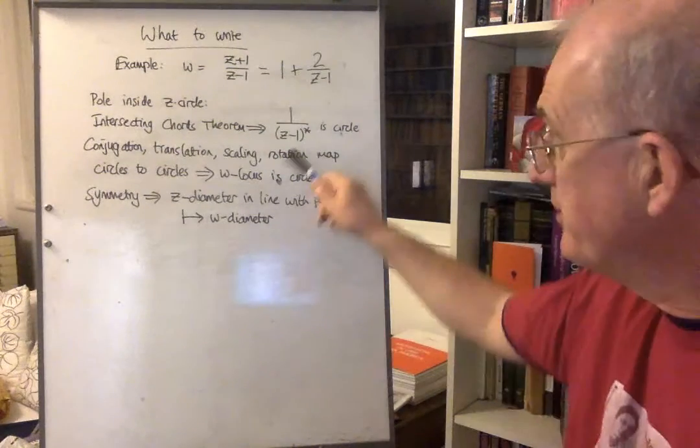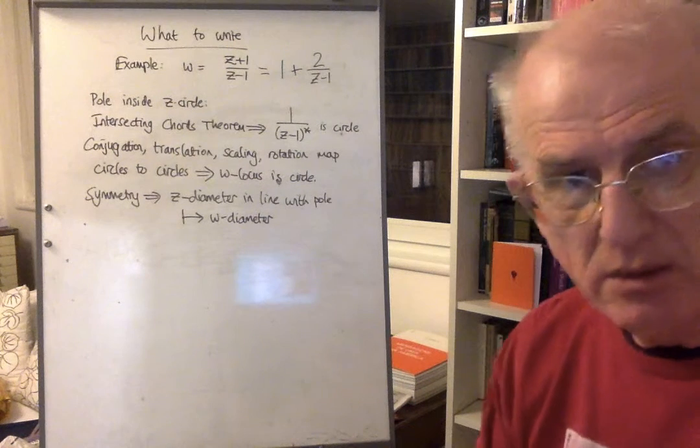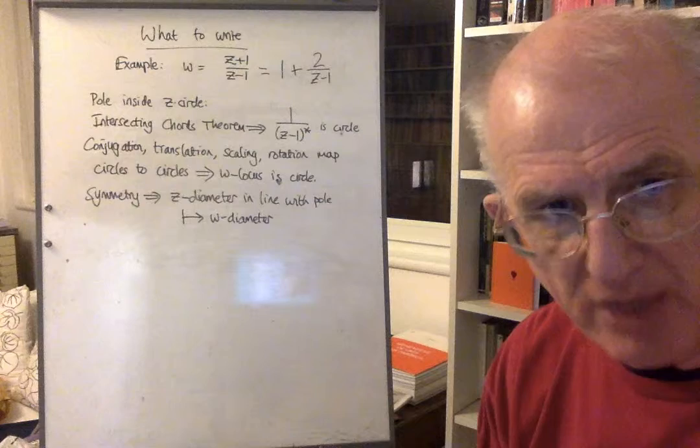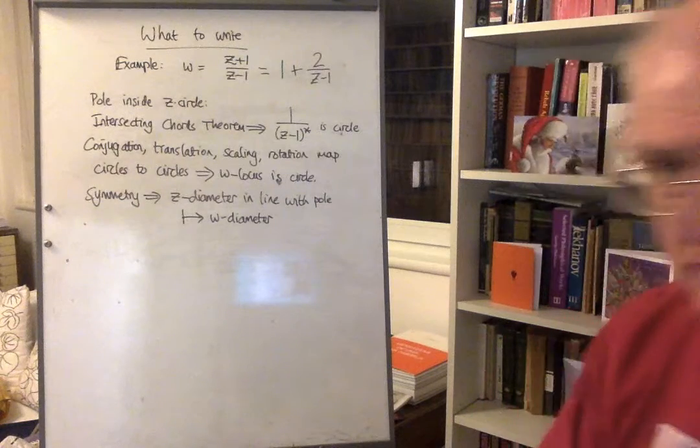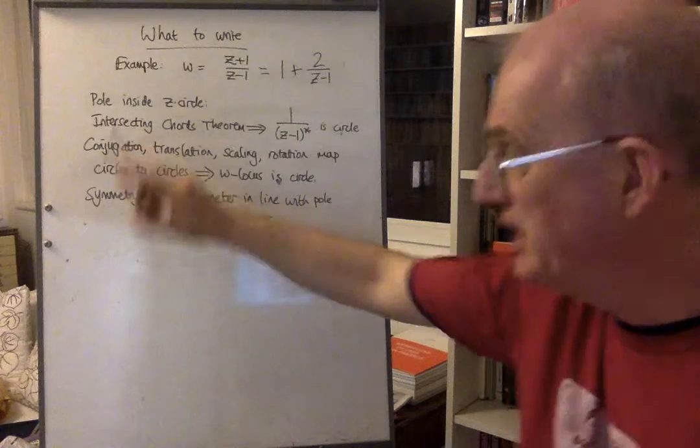So to get from here to here, we've got to take the conjugate, scale up by a factor of 2, and add 1.